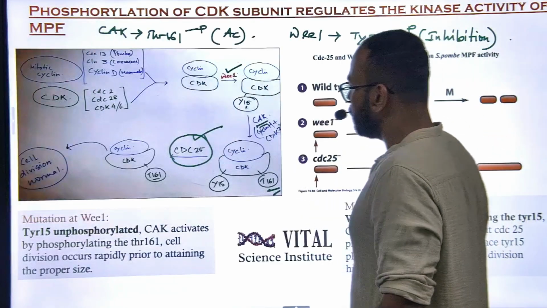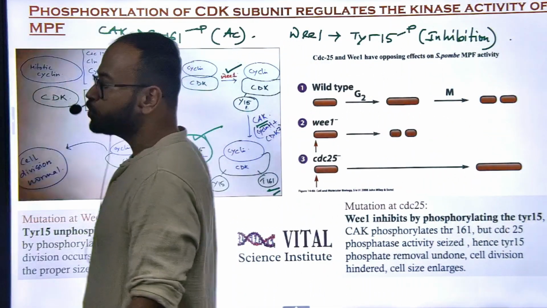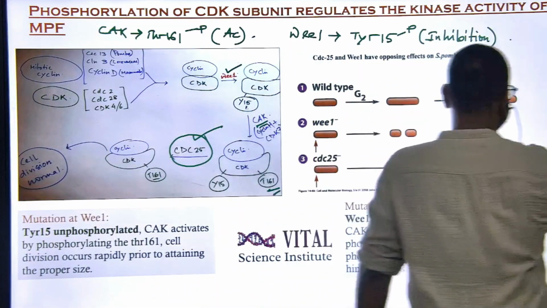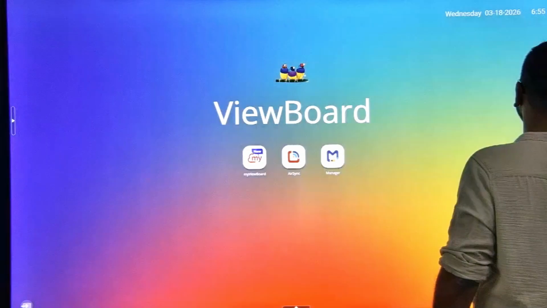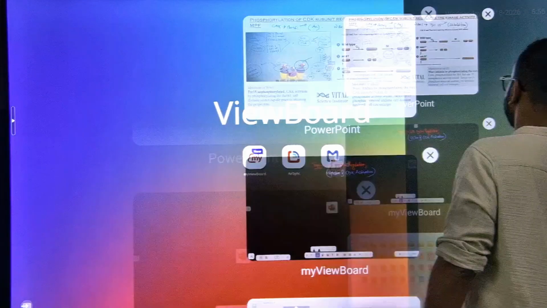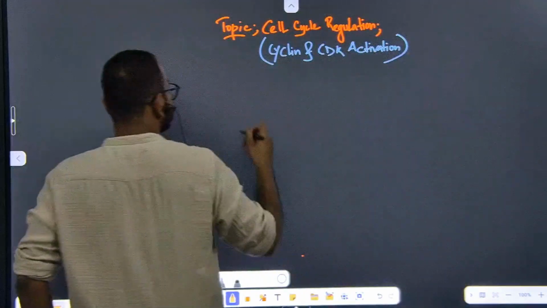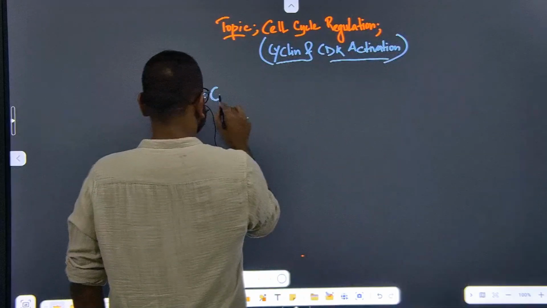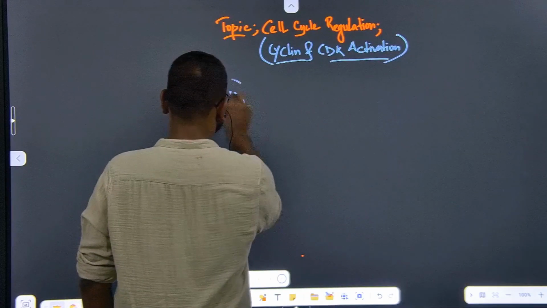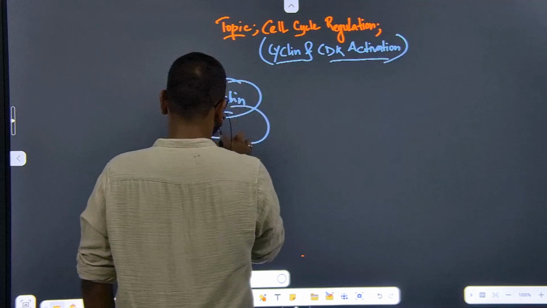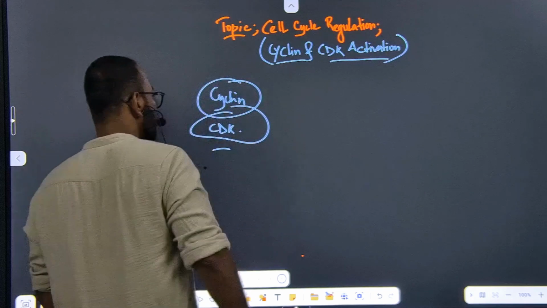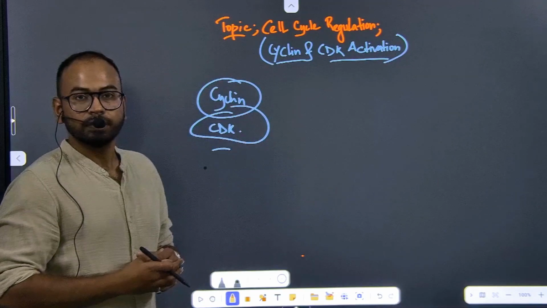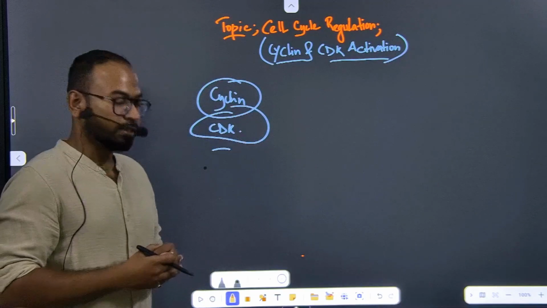So, coming to the next part of the discussion. Now, let's see, we have our cyclin and CDK. The cyclin and CDK together form the MPF, the mitosis promoting factor.